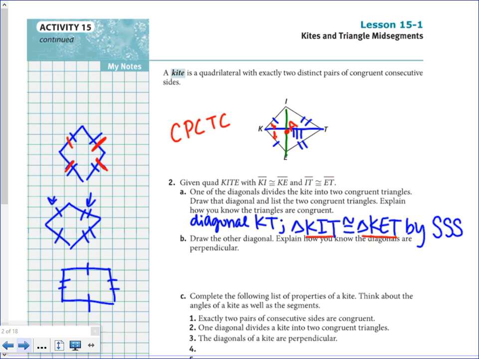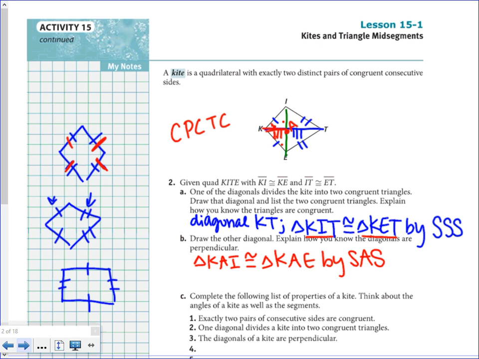Then I know that this segment here is shared by these two little triangles, and so they also have to be congruent. And so I know that triangle KAI is congruent to triangle KAE by side, angle, side.